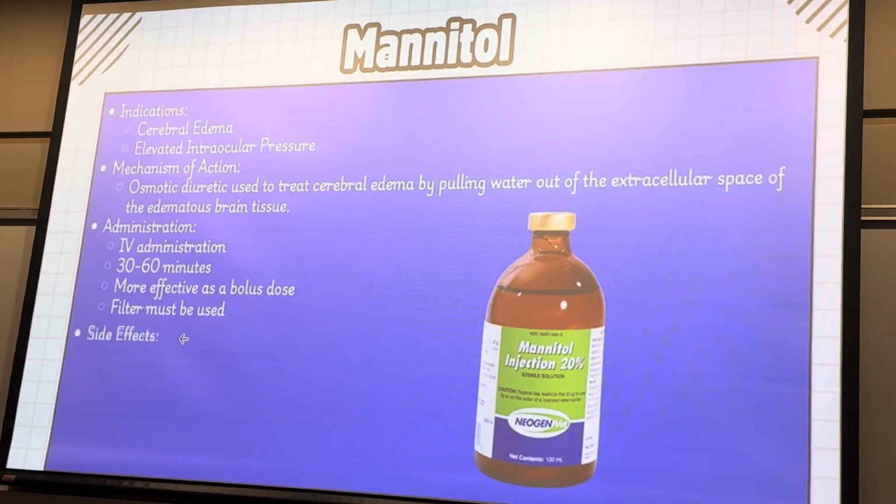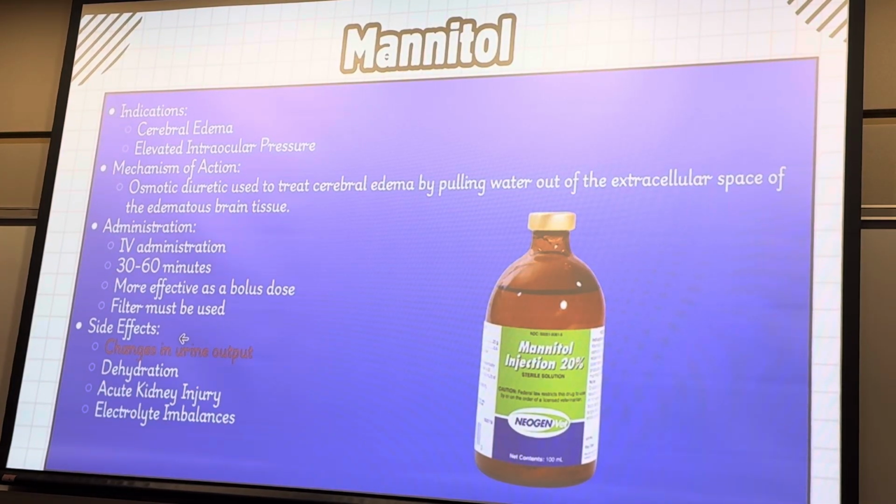Let's talk about a couple medications. Really the two big ones, the first is going to be mannitol. Mannitol is indicated for any type of cerebral edema or elevated intraocular pressure. Usually we use it for increased intracranial pressure.